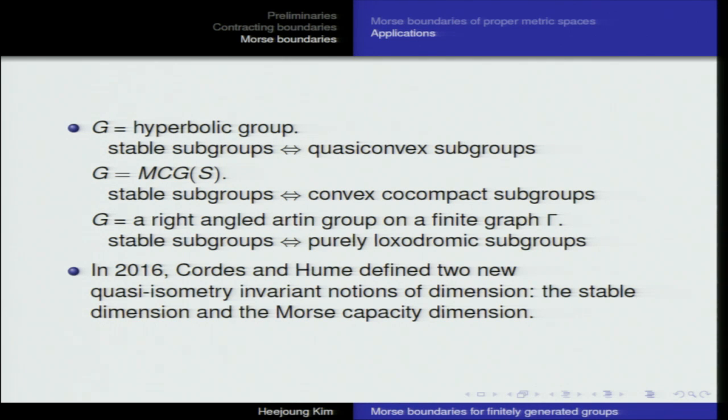Also, I'm wondering, if I have a homeomorphism between two Morse boundaries, when does it induce a quasi-isometry, the opposite way. I have a lot of questions, but unfortunately, so far, I couldn't get anything. But hopefully, I want to get something soon.